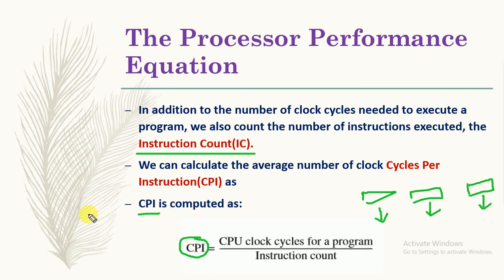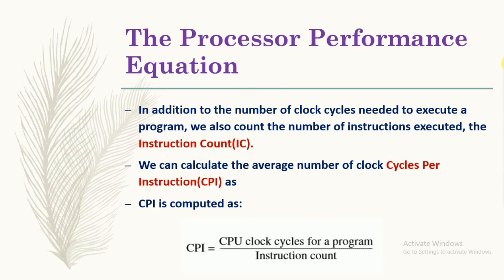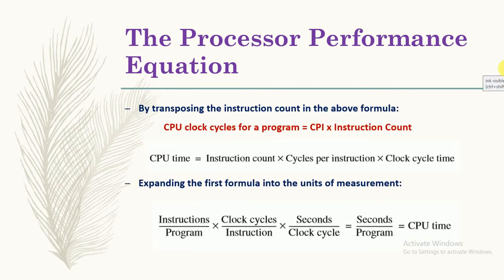If you have 10 instructions, the total CPU clock cycles for that particular program divided by 10 gives the cycles per instruction, an average value taken for completing that program. Now by transposing the instruction count in the above formula, CPU clock cycles for a program is equivalent to CPI times instruction count.